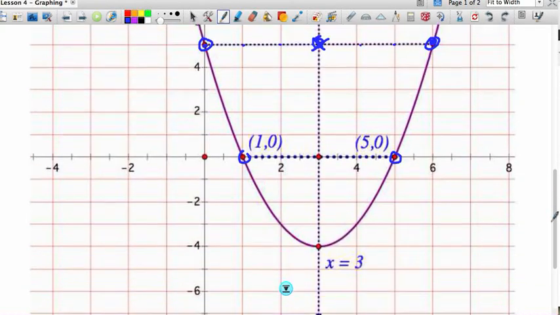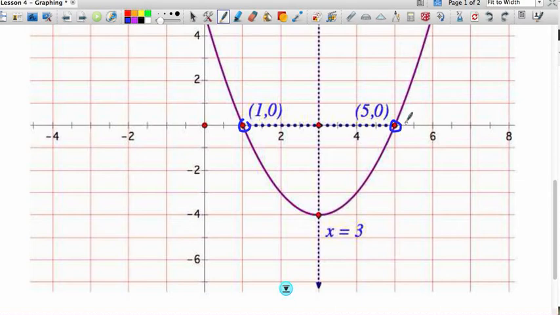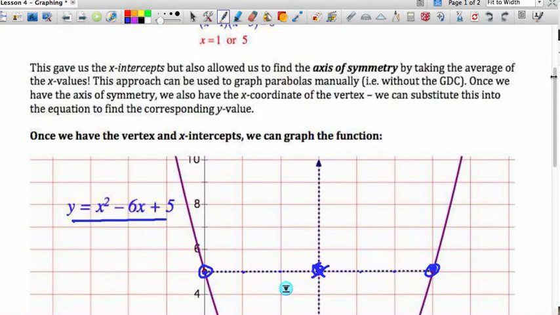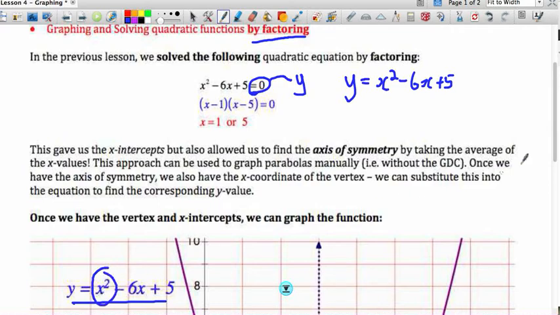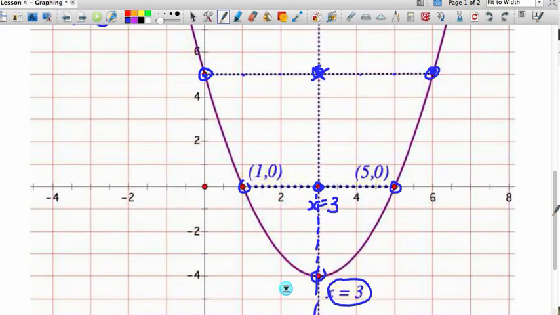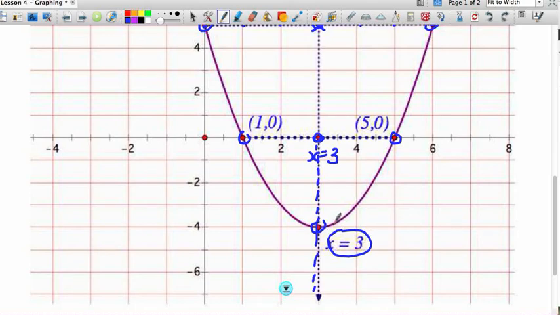If we scroll down and repeat that, you would see that the midpoint between the two x-coordinates occurs at x equals 3, and if we draw a vertical line x equals 3, it passes through the vertex, which in this case is a minimum. We know it's a minimum because the coefficient of the x squared term is positive. We now have the x-coordinate for the vertex.